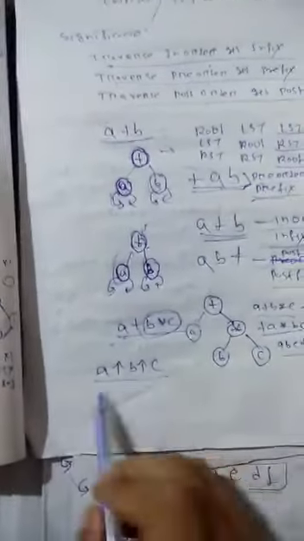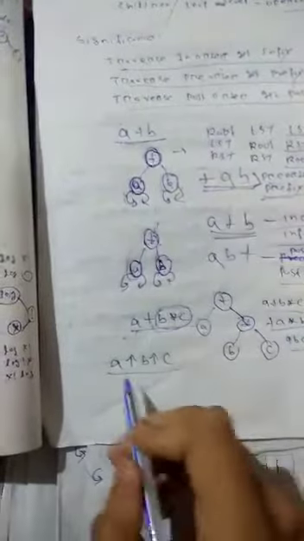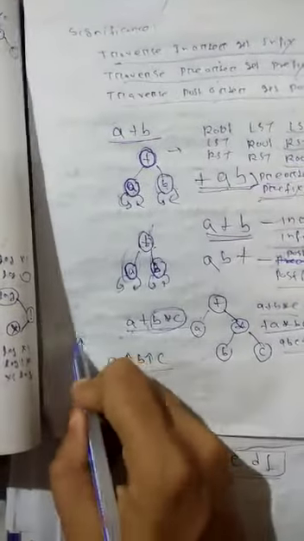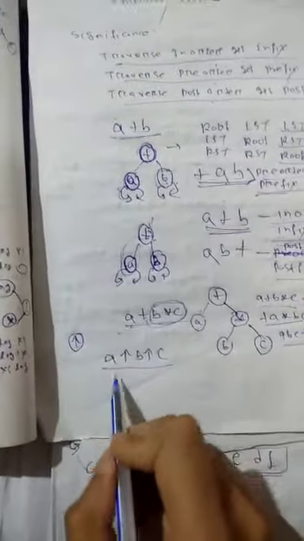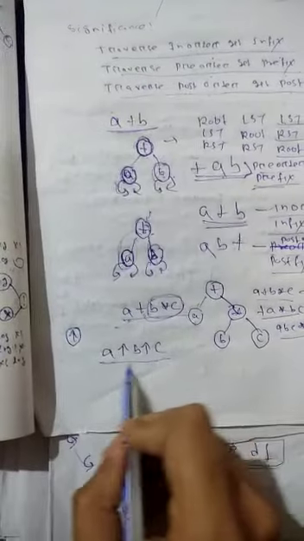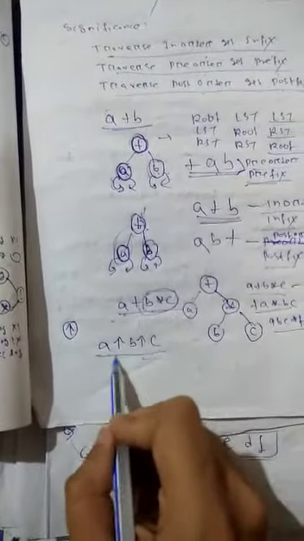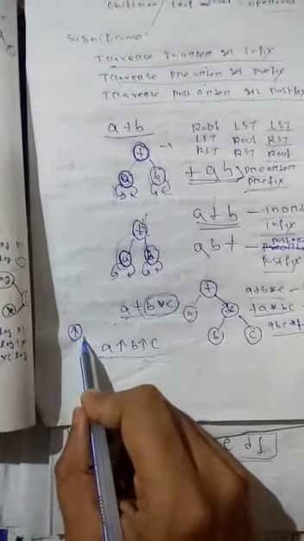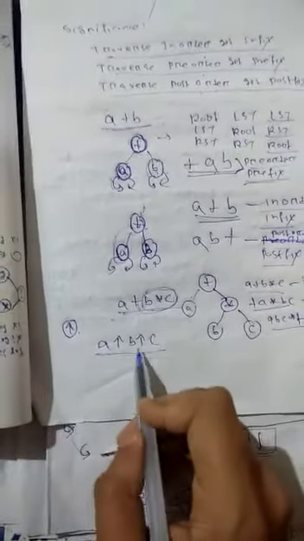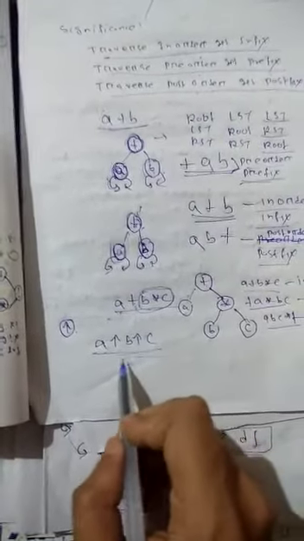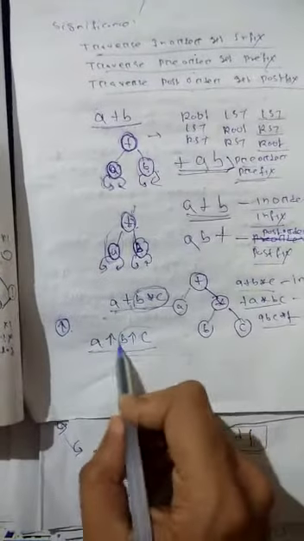Okay, let's do another example. Suppose this expression is there. What is this symbol? This is the exponential symbol, and you know that if this symbol is there, you have to perform the execution from right to left. If two same-priority operators are there, for exponential it is right-to-left associativity, and for other operators it is left to right. So for this we have to perform right to left, which means we have to perform this first.